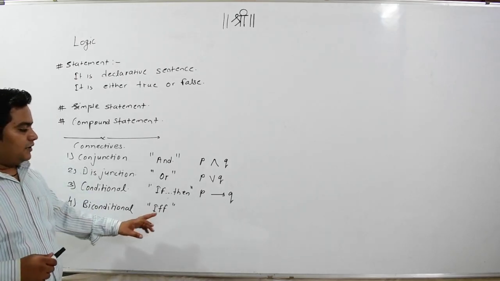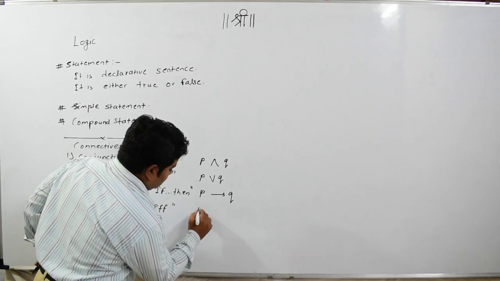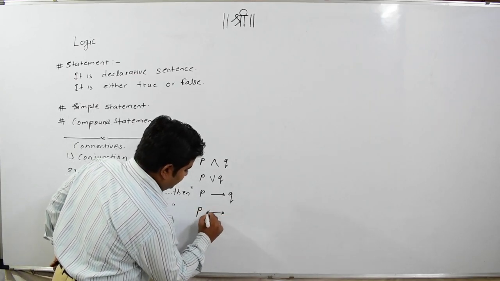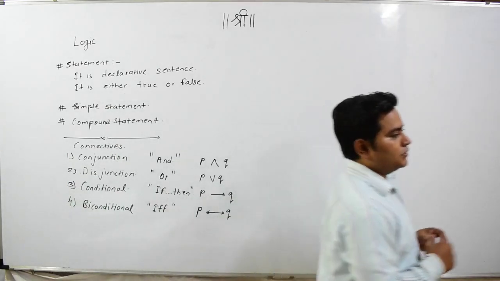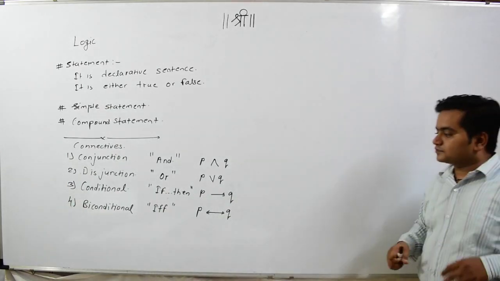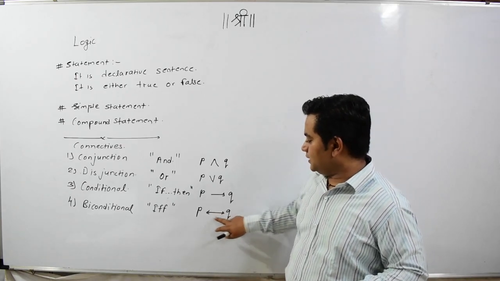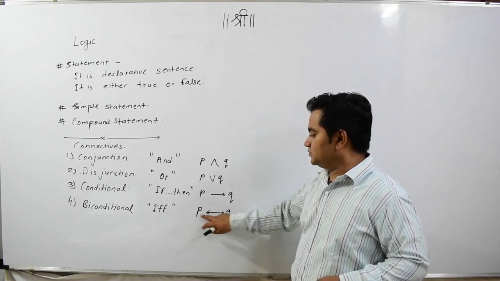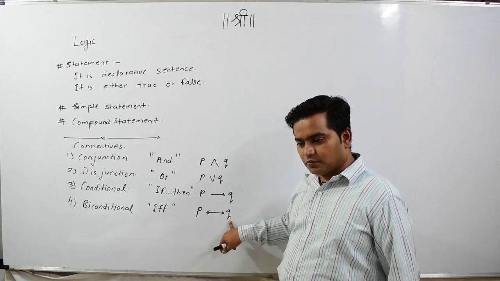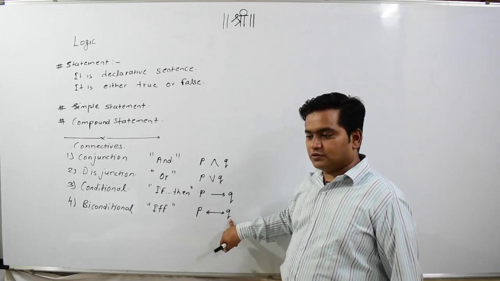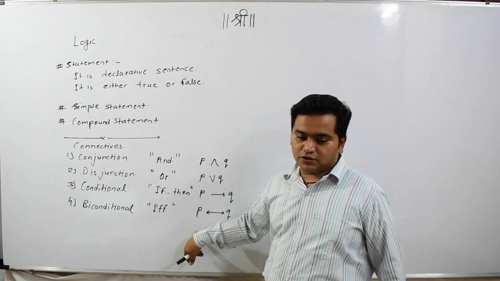If and only if means if P happens, Q happens, and if Q happens, P will definitely happen. So these two are interdependent. If P happens, then commonly Q is also possible, and if Q is possible, then definitely P is also possible.